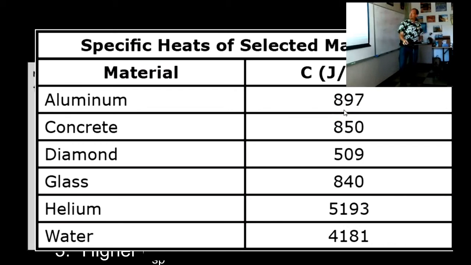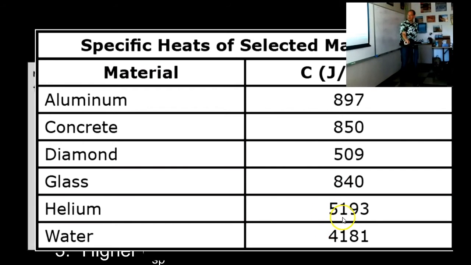So something with a relatively small number like diamond changes temperature very quickly. 500 joules of energy, which is not that much energy, will raise a kilogram of diamond. Boy, don't you wish you had a 2.5 pound diamond. A 1 kilogram block of diamond, 1 degree Celsius or Kelvin. So it doesn't take much thermal energy for that.